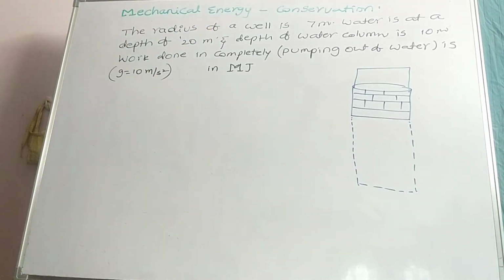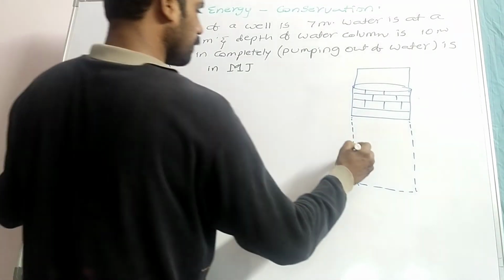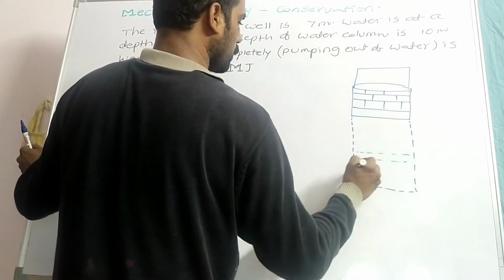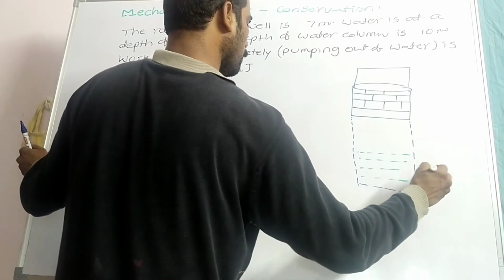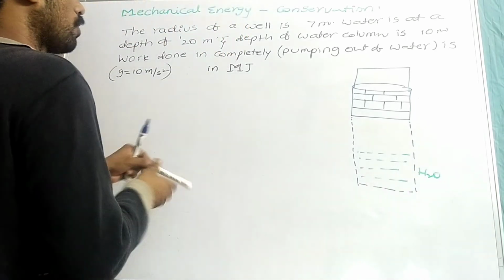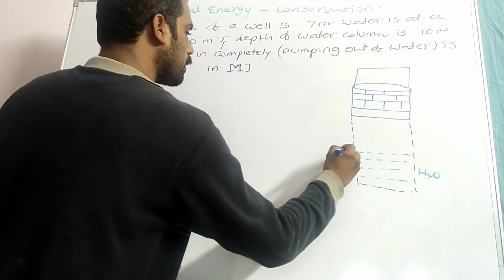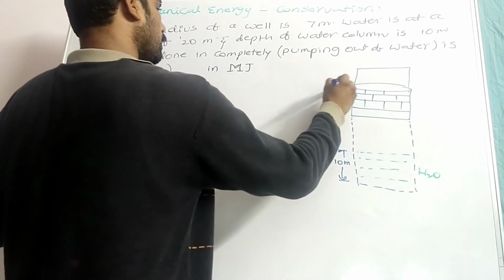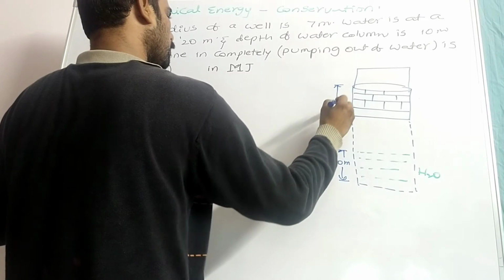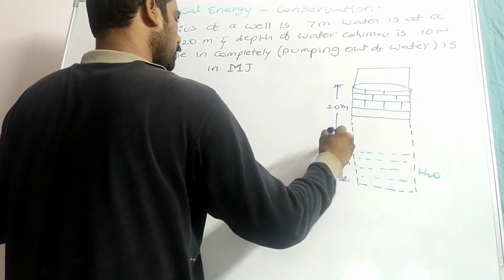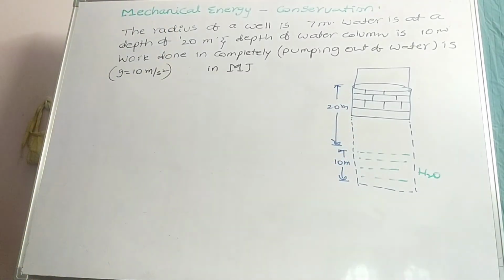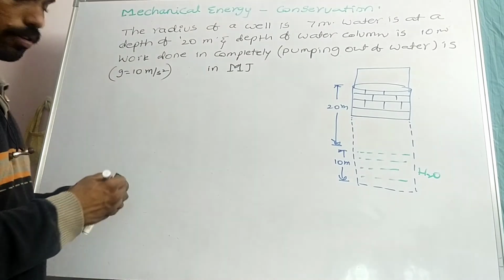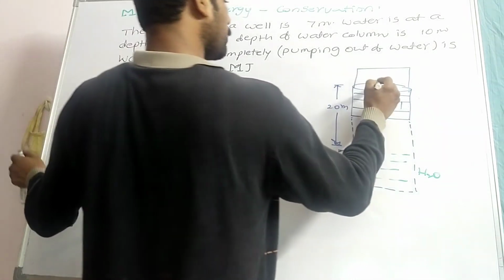Water is contained here. The water column is 10 meter, the depth is 20 meter, and the radius is 7 meters.